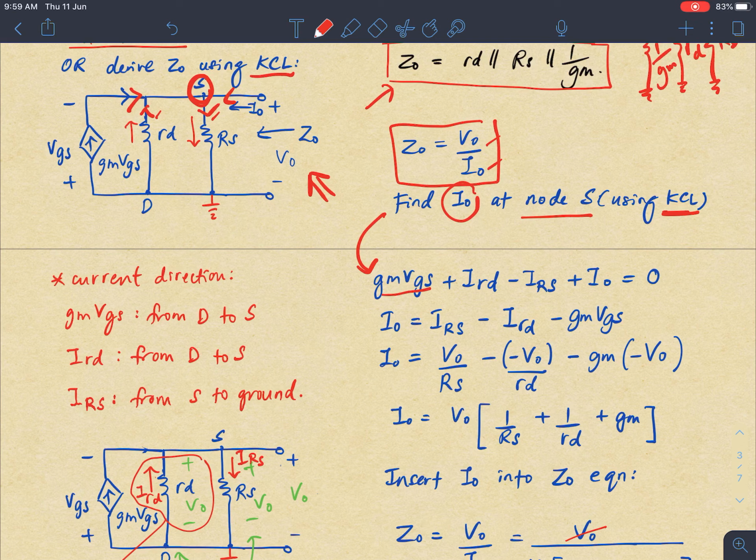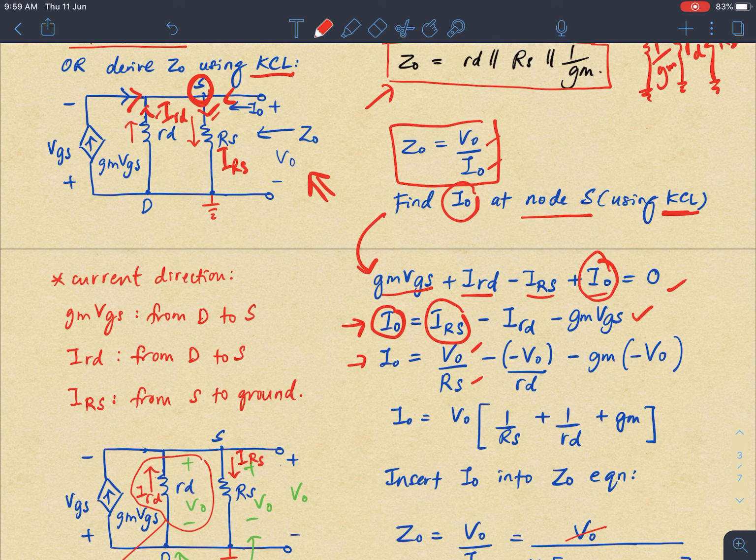So the KCL is here. First is gm-vgs plus I_RD minus I_RS plus I out equal to 0. Then rearrange this equation because I want to get I out. Okay, I get this. Now we expand the equation for I_RS equal to V out over RS.